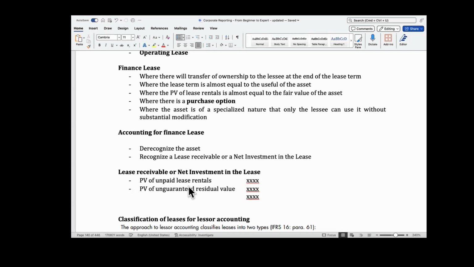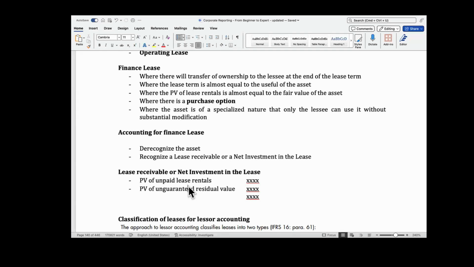So the way it works is that this residual value will have been monetized by the lessee, meaning that the lessee would have told the lessor that, okay, for this residual value, I'm guaranteeing you a certain amount, maybe 50,000. That's the worst case. After the lease term, don't worry, I will give you 50,000 as the scrap value of the asset.